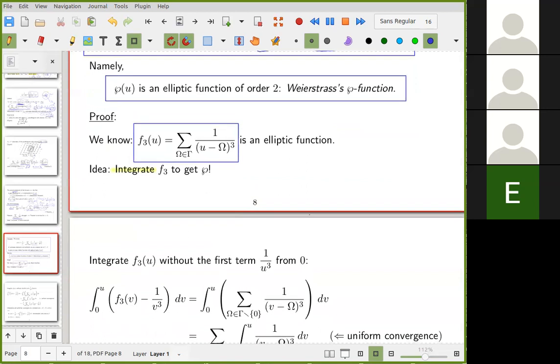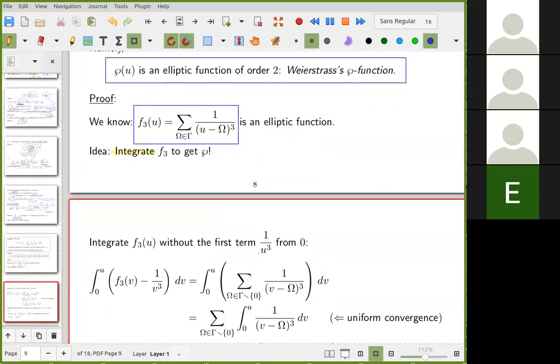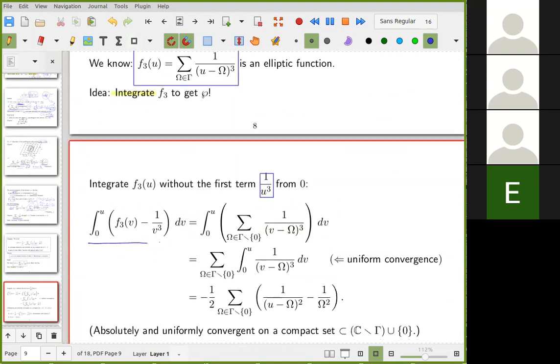Well, the first term is somewhat problematic. So let's exclude that and integrate it, which means this. And let's change the order of summation and integration, which is possible because we know that this summation is uniformly convergent.